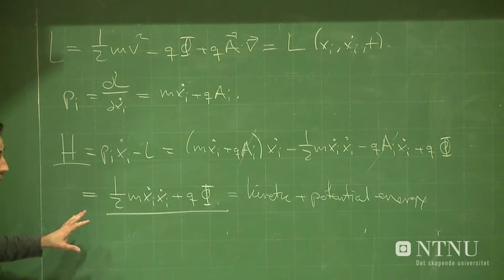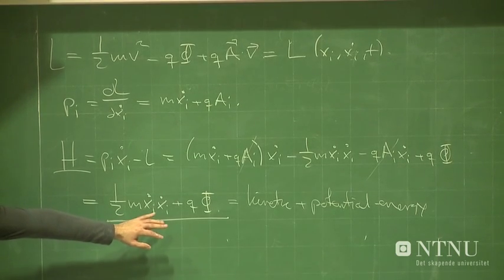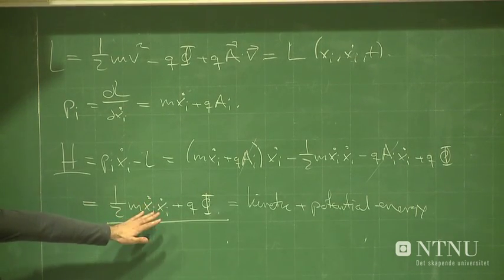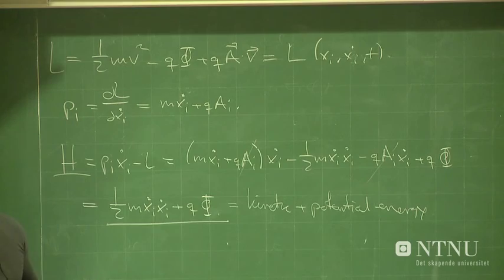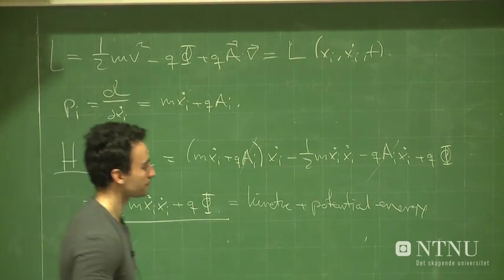But we have one more step we have to perform, namely we want to eliminate all of the time derivatives of the generalized coordinates, and we want to eliminate them in favor of the canonical momenta.